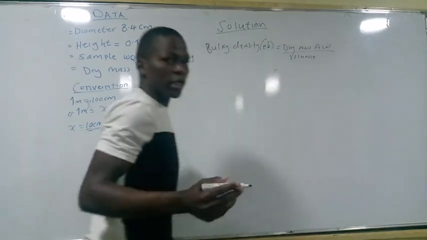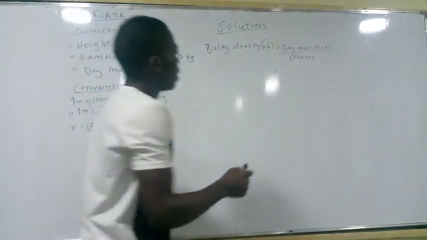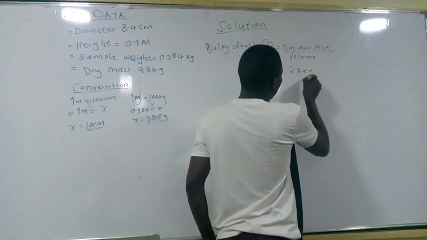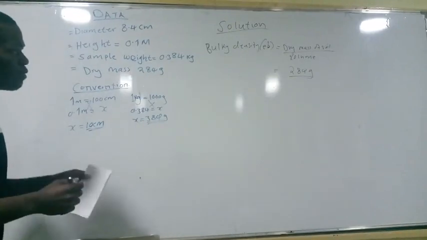Now, what's our dry mass? Our dry mass is this one, 284 grams. What's our volume? We have to calculate our volume. We don't have our volume.